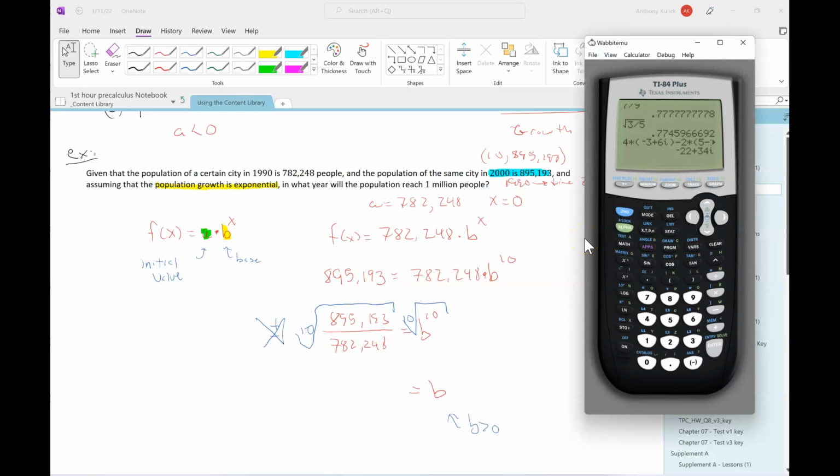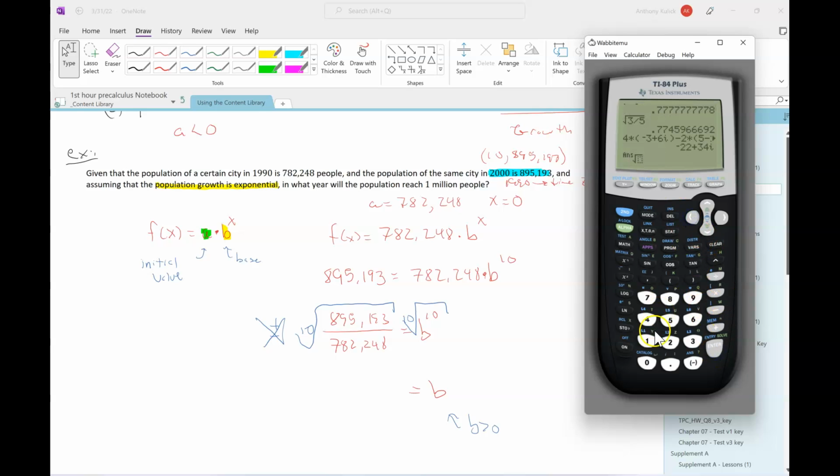All right, who remembers how to type a 10th root into their calculator? There's 2 ways you could do this. One way is you can press the math button, and if you notice option 5 there has the square root with the x where the index is.